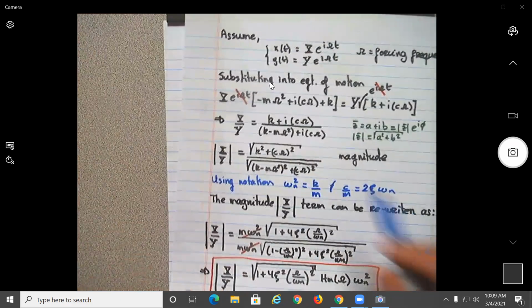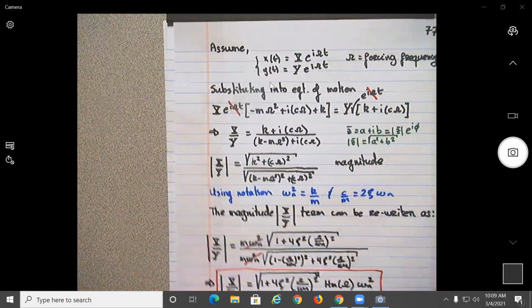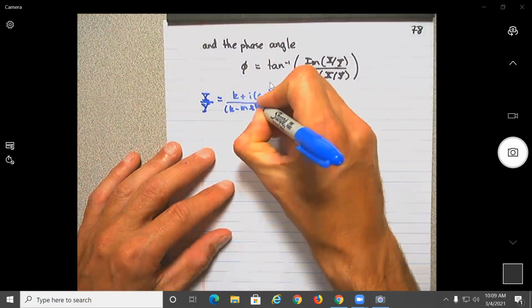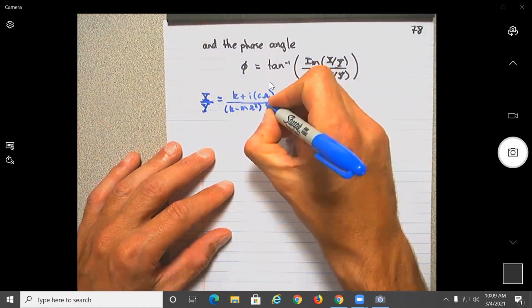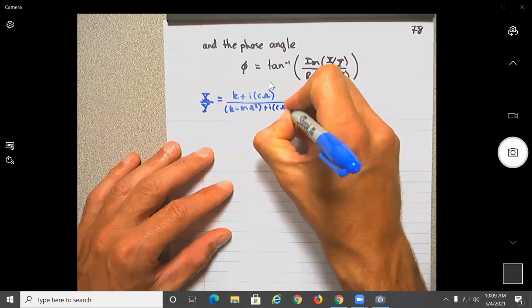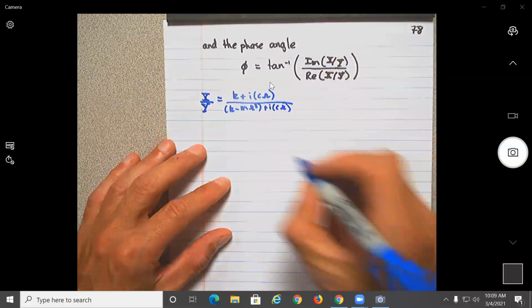I'm copying this expression here. All right, that's the only thing I'm doing. K minus m omega squared plus I c omega. So now everything is just algebra.